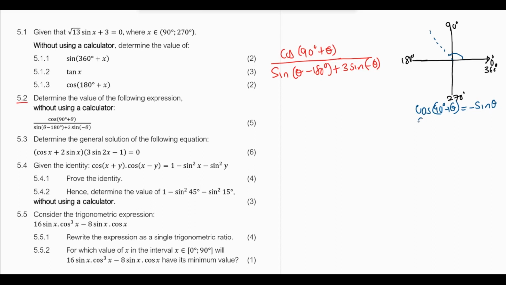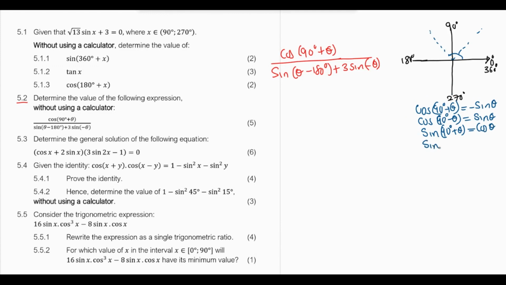And remember that cos(90° − θ) is equal to sin θ. 90° − θ is in the first quadrant, so all the trig ratios here are positive. And then we have also sin(90° + θ), which is in the second quadrant, and sine of an angle in the second quadrant is positive, so we're going to get cos θ.